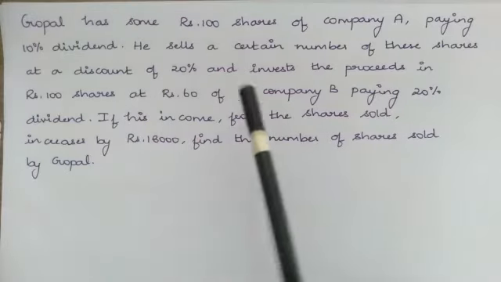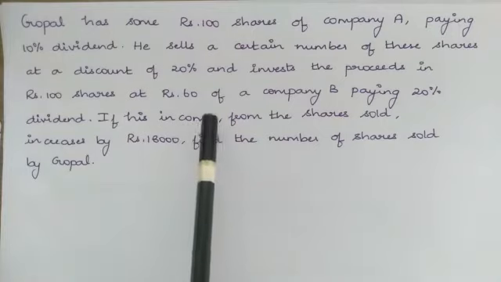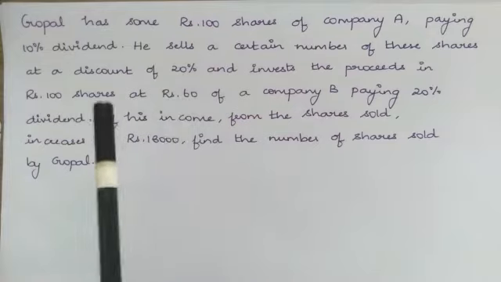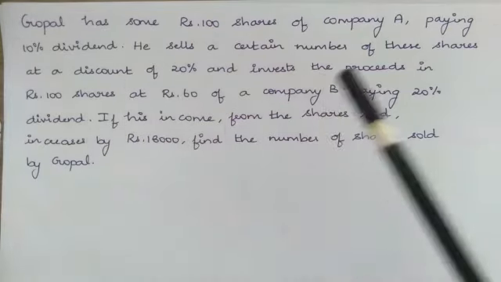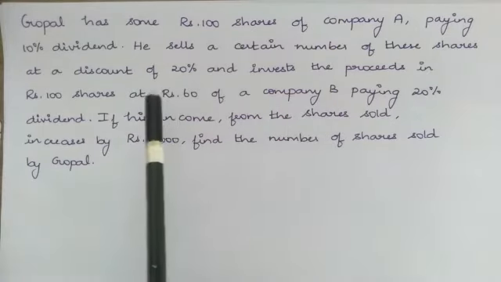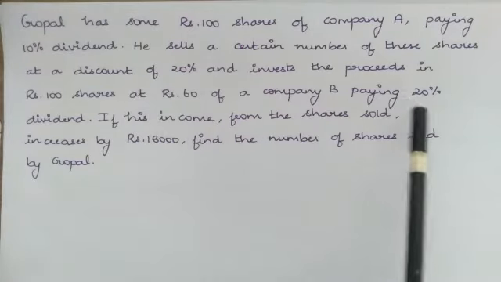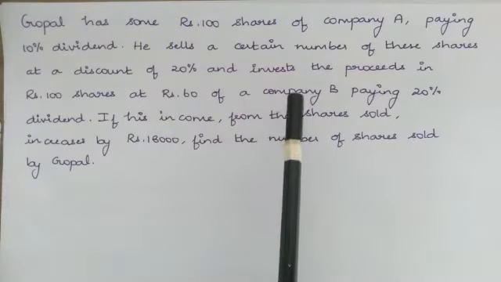This 20% discount is given on his face value. He is selling it, and now he invests the proceeds, that is, whatever he has sold, in the other company where the shares are taken at a market value of rupees 60 per share.